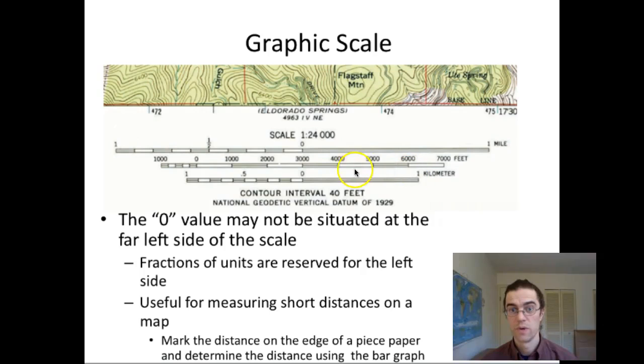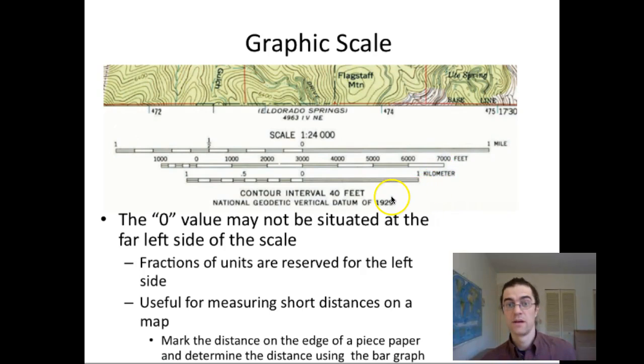So likewise with the straight measurement in feet, we have our 0 right here, and to the left of that, here's another 1,000 feet, and we see 1, 2, 3, 4. So overall there's 5 different segments. So 200 feet intervals there. And then extending upwards to 7,000 feet on this side of the 0.